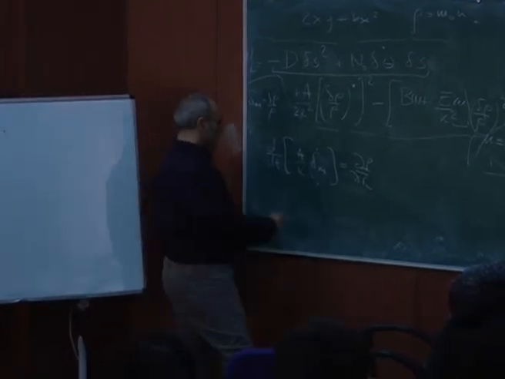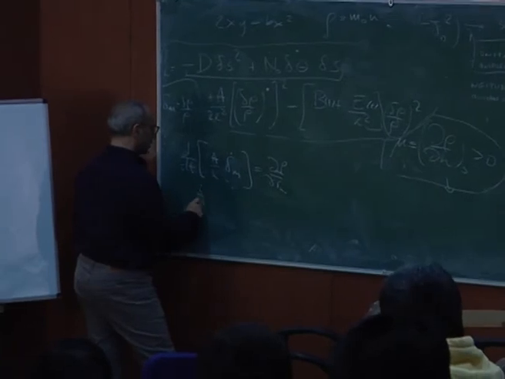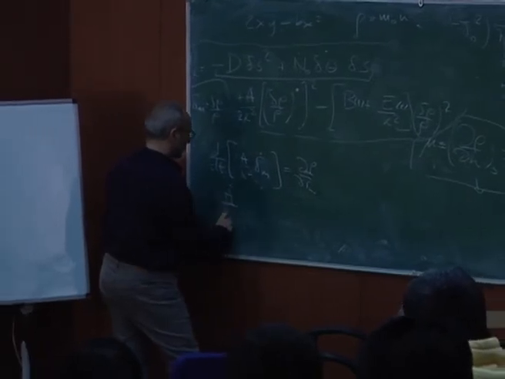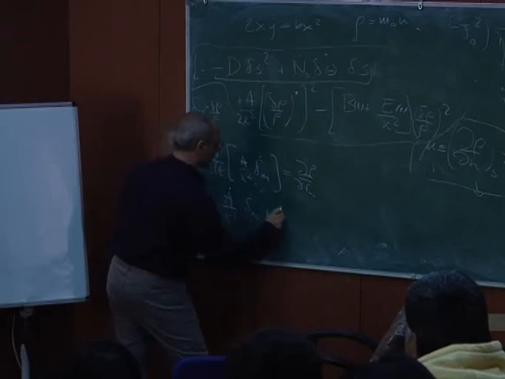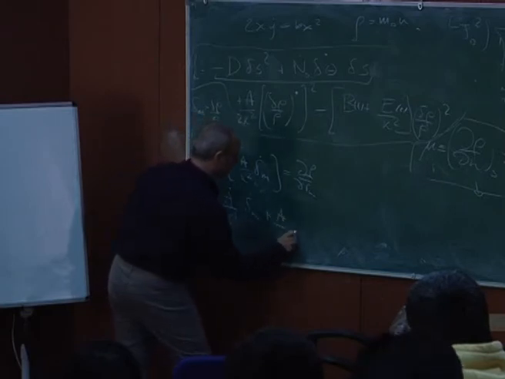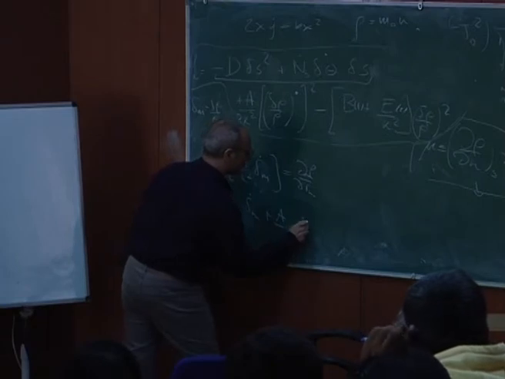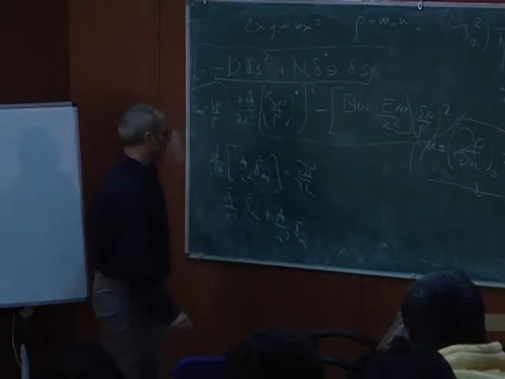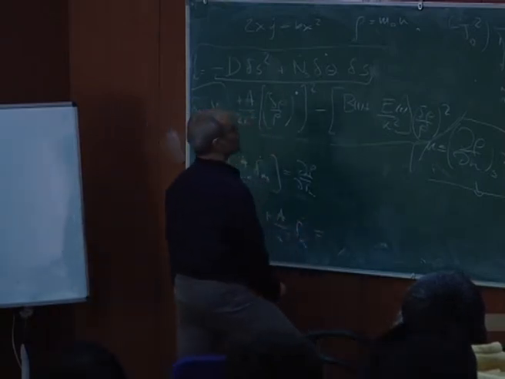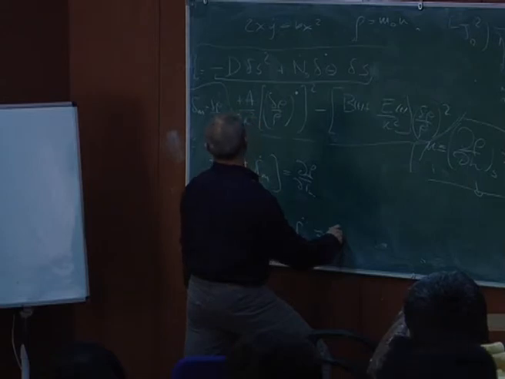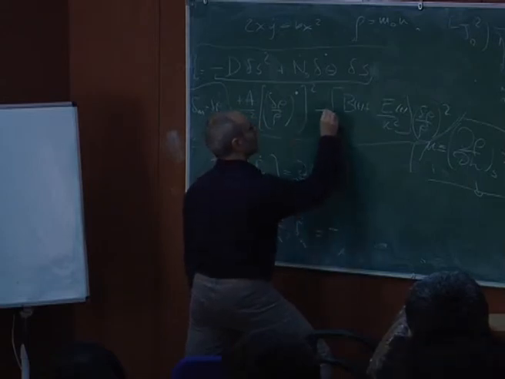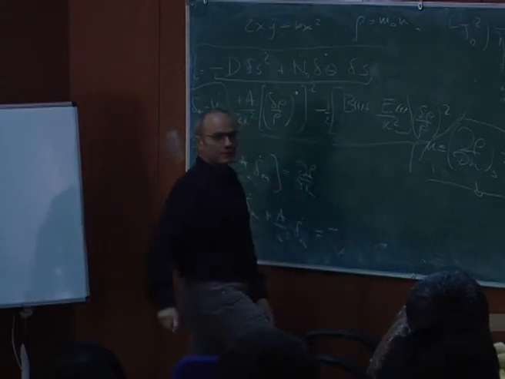So now this will be A dot divided by k squared, delta M dot, plus A divided by k squared, delta M double dot, equal to minus B delta M. Can I take one half here?